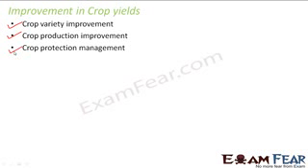In crop protection management, we ensure that the crops stay protected. No outsider should come and harm the crops, because that will affect the crop yield. So here we will take care of crop protection.